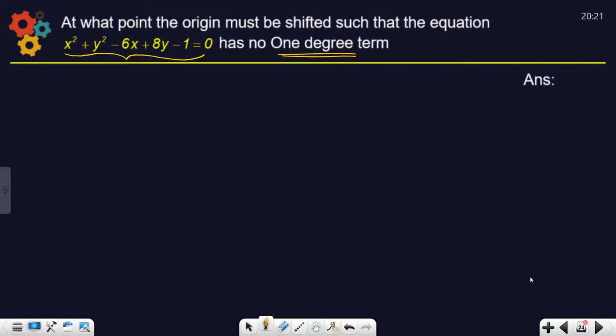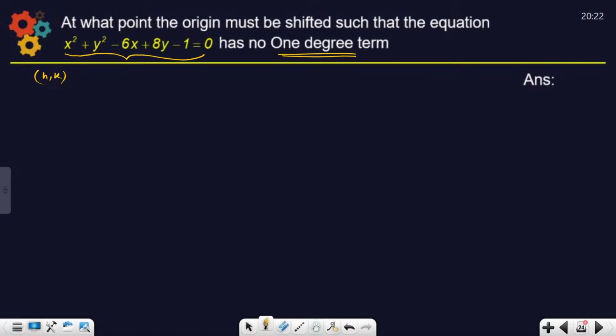So, in this question, they have said, at what point should the origin be shifted so that this equation has no 1 degree term? Let us assume the origin has been shifted to h comma k.